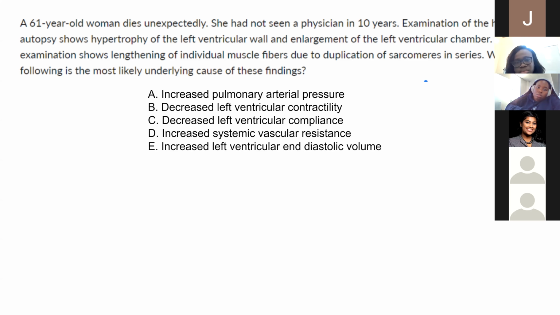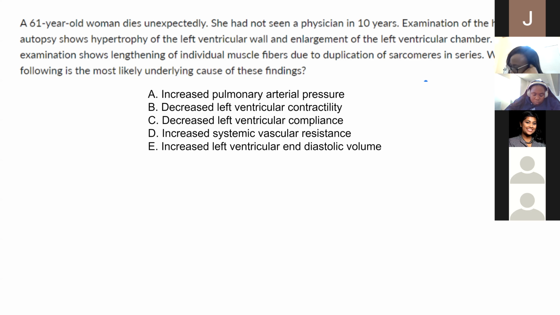Okay. The whole thing with this is, how do I explain? The pathogenesis behind it is you're going to have increased end diastolic volume due to some kind of causative factor.